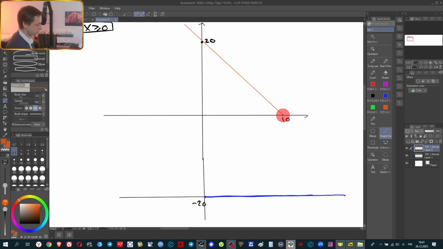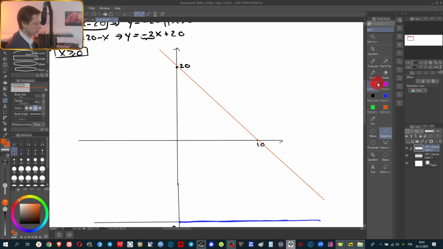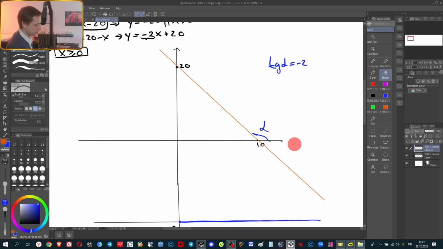We know about this line that the tangent of the angle between the line and the positive direction of the x-axis, tangent alpha, equals minus 2. Alpha is an obtuse angle, and everything works out perfectly.